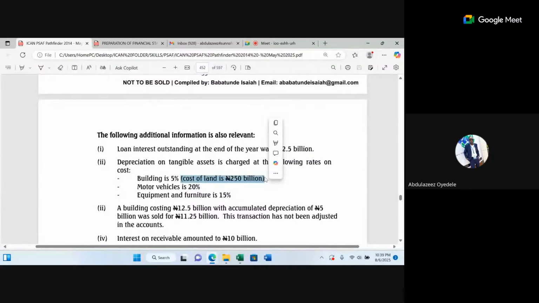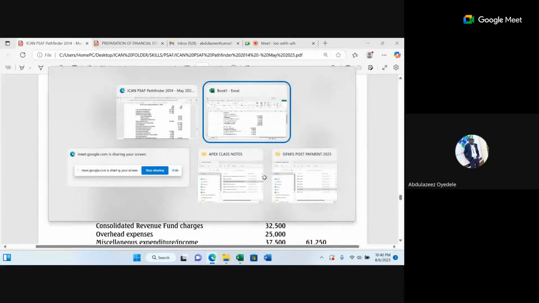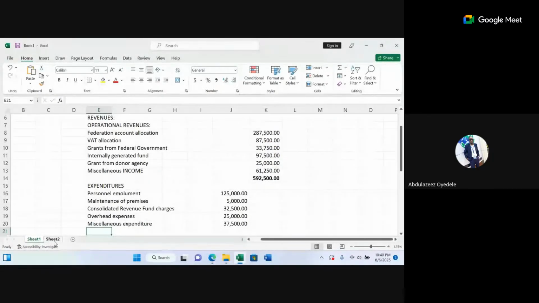All right, so we have to subtract the cost of land, because as we all know land does not depreciate. So the depreciation is going to be calculated only on the building part. So the cost of land and building is 387,500. Okay, so let's go back to our working page.